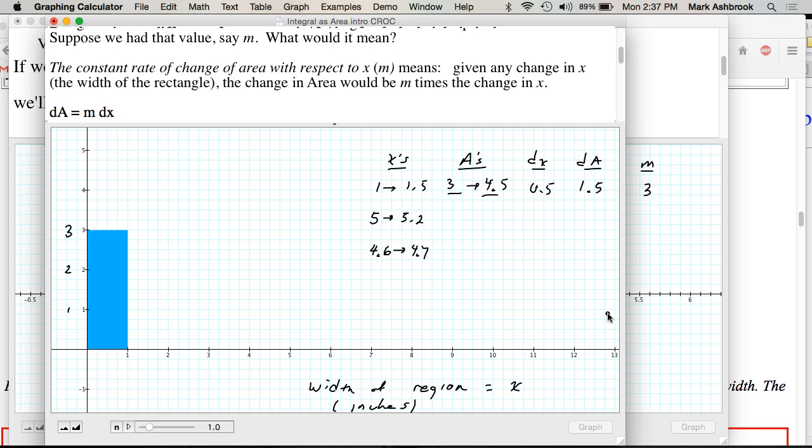What's the resulting dx, dA, and then m? Compare all the numbers with the person next to you once you're ready.